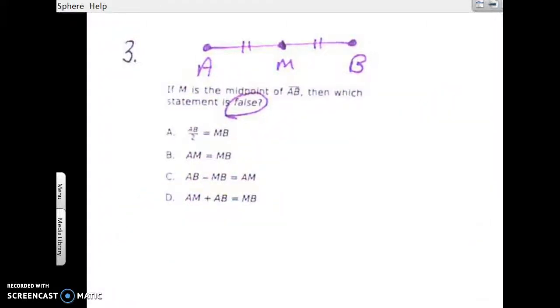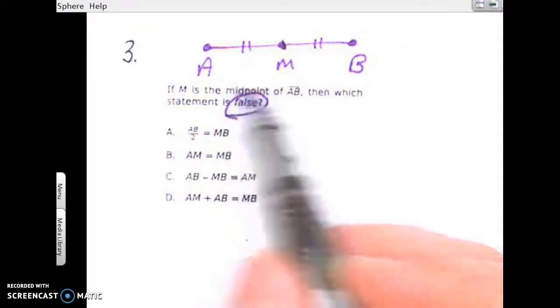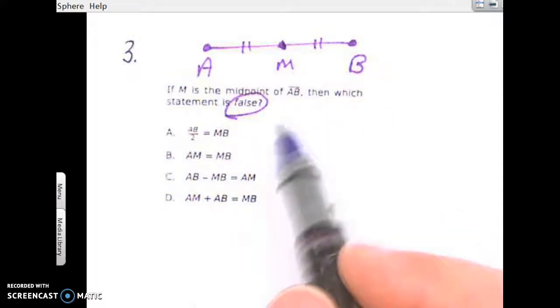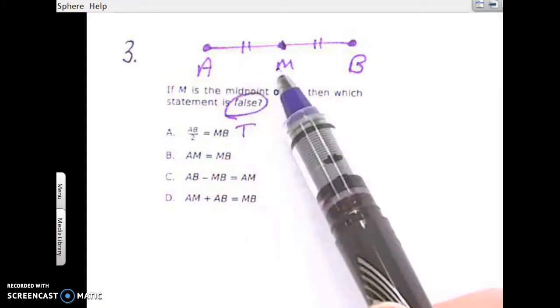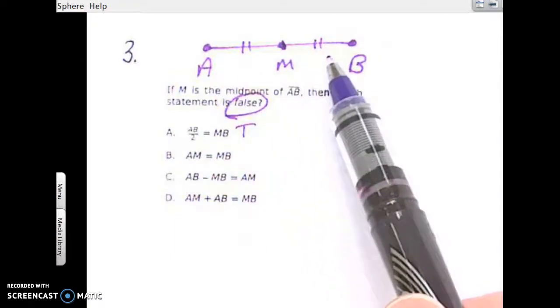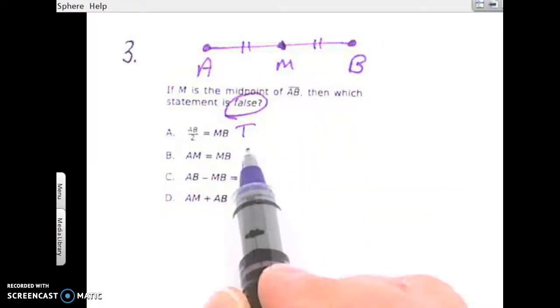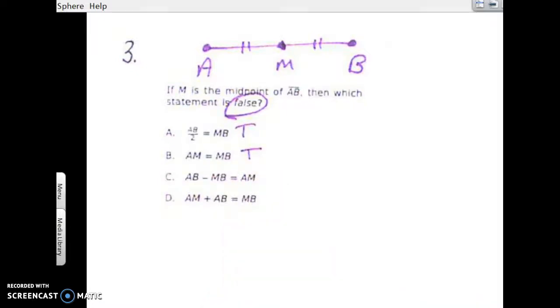That's the definition of midpoint. So answer choice A says the length from A to B divided by 2 equals MB. That's a true statement. Segment AM is equal in length to segment MB. That's another true statement. So I can eliminate those two answer choices.